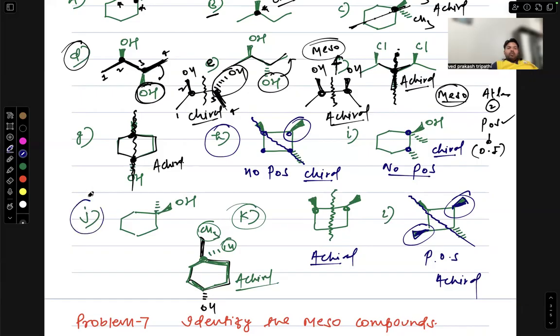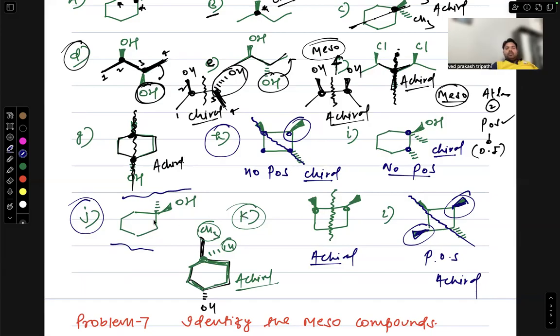Okay, what about I? How many chiral centers? This one, I am talking about this compound. How many chiral centers? Again, I am telling you guys, always look at the entire length.